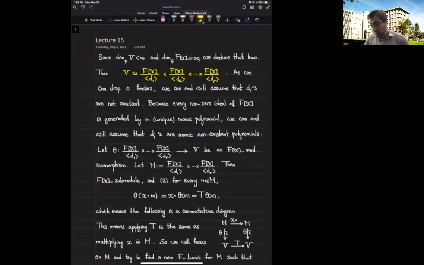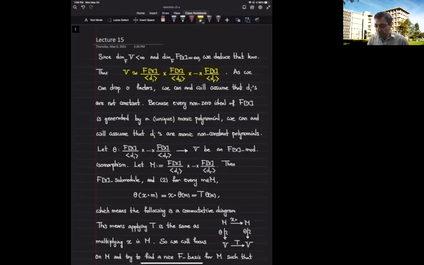Okay, so let's call the isomorphism something. Suppose this theta is an F[x]-module isomorphism from this Cartesian product to V. How does this help us to understand the linear operator T?